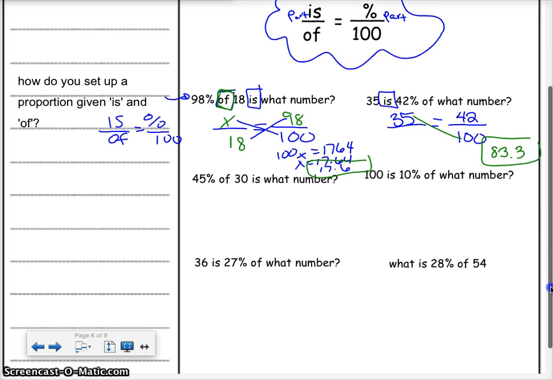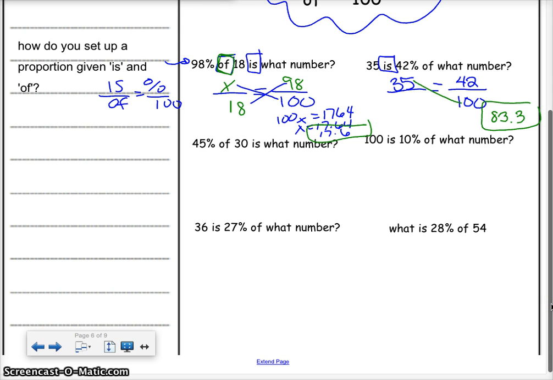Okay, next one. 45% of 30 is what? I see of and is, so I know to make my proportion. 100 is always on the bottom right. Some people put it on the left, and that's fine too. So I look for my first vocab word, of, and I see what's sticking to it: 45% and 30.